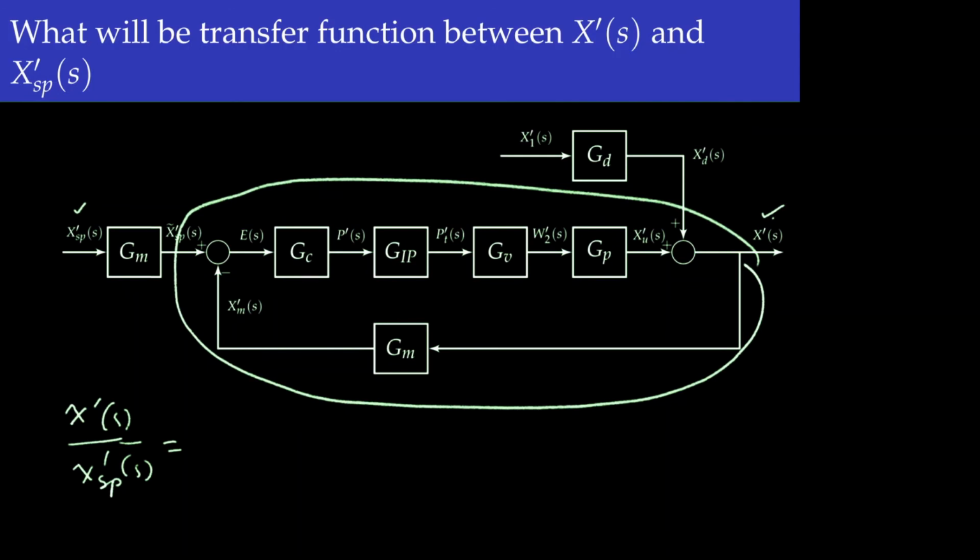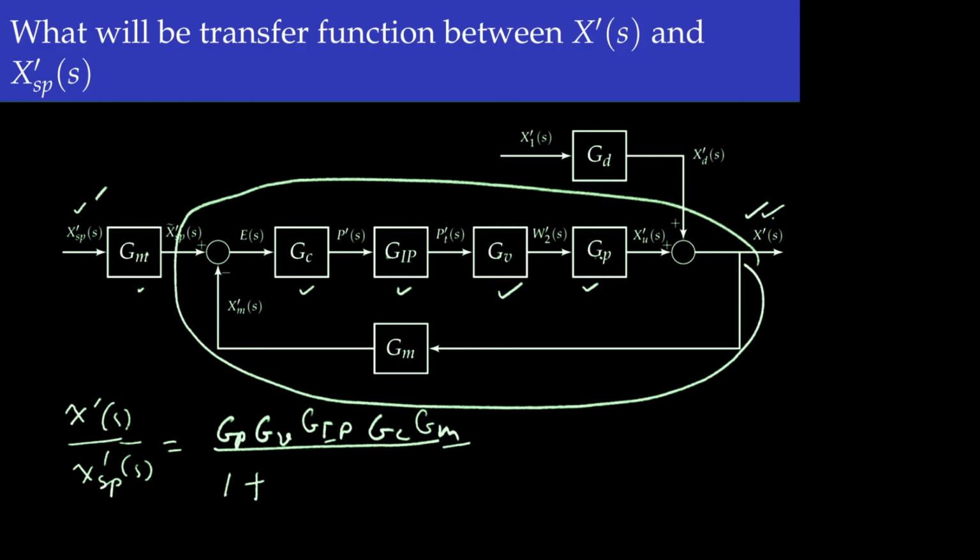Okay, so the general expression is that to get the relation between this signal and this signal, first in the numerator put all the transfer functions between these two signals. So we have here GP, GV, GIP, GC, GM. So put GP, I'm just not writing the s part there for simplicity, GV, GIP, GC, GM, and in the denominator 1 plus all the transfer functions in the loop.